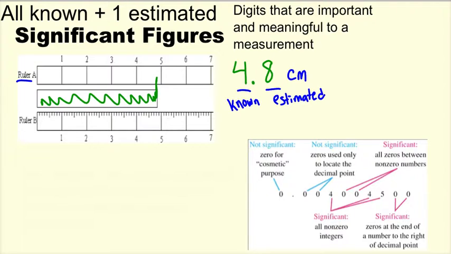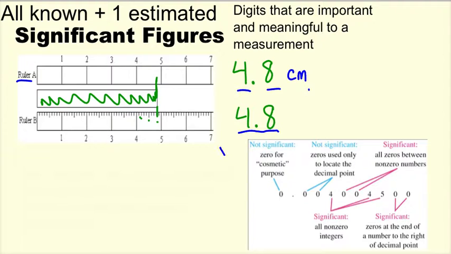Now, if I measure it using this ruler down here, I can see this ruler has marks every 0.1. So it has 4.1, 2, 3, 4.5, 4.6, 4.7, and it falls somewhere in between 4.8 and 4.9. So I know that it's 4.8 something for sure.